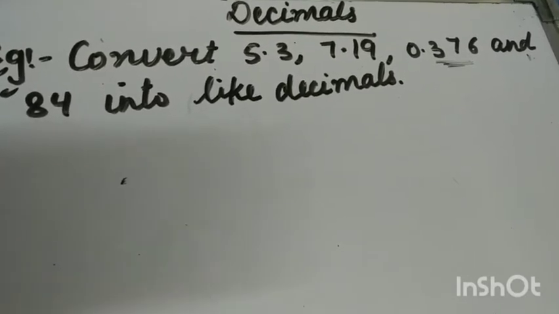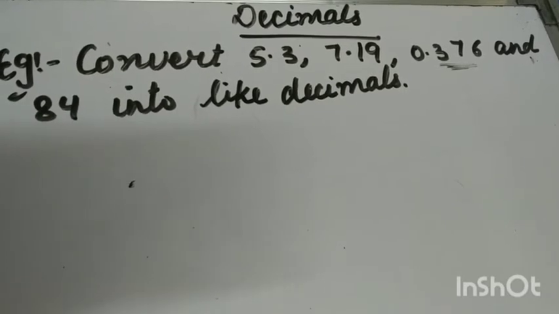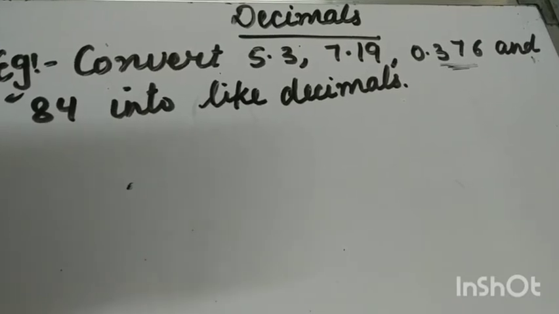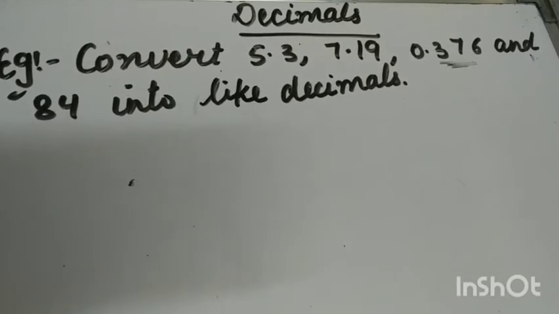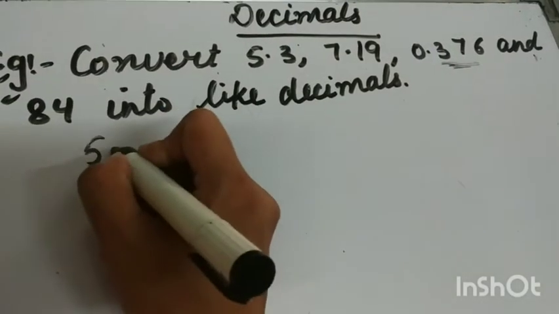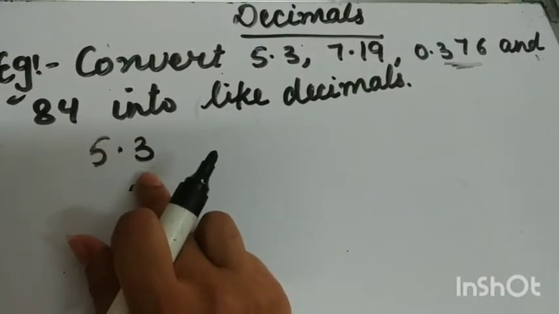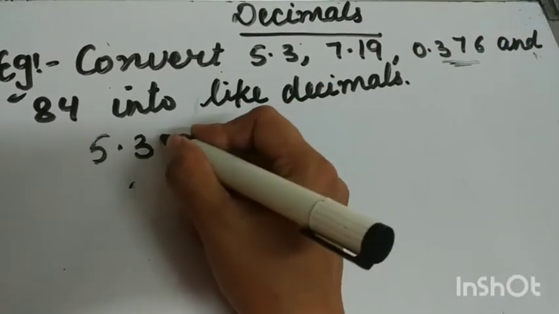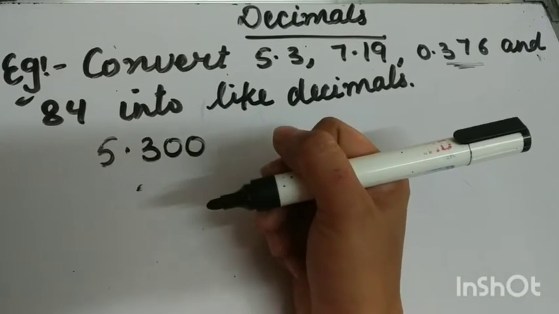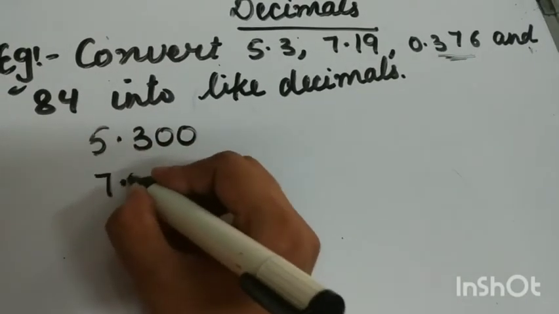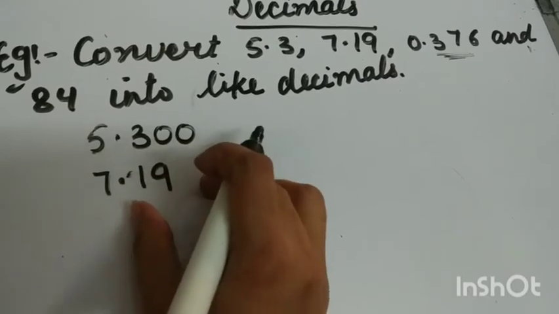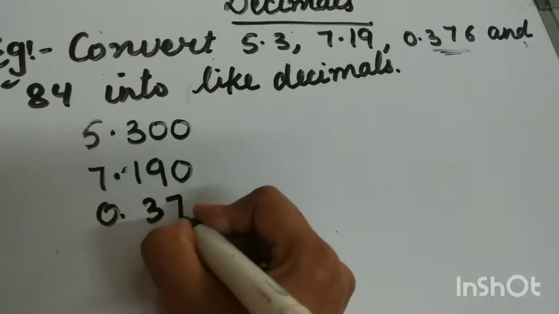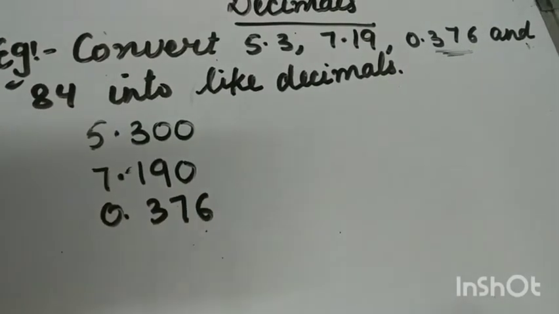See, 5.3: the decimal place is only 1 and the maximum is 3, so we put 2 zeros here. 7.19 has only 2 digits after the decimal, so put 1 zero to make it 3. 0.376 will remain the same because it already has 3 decimal places.